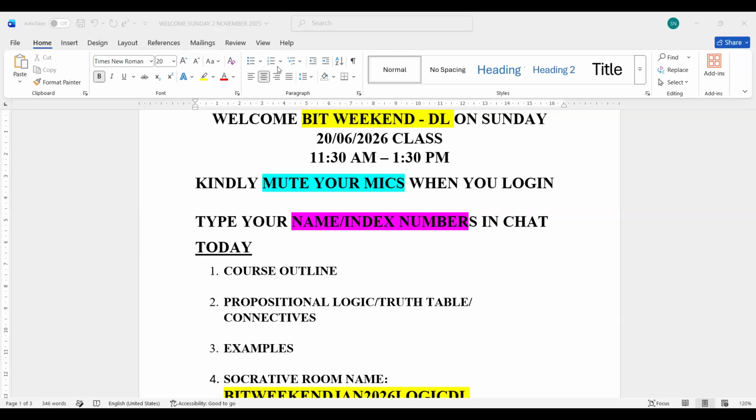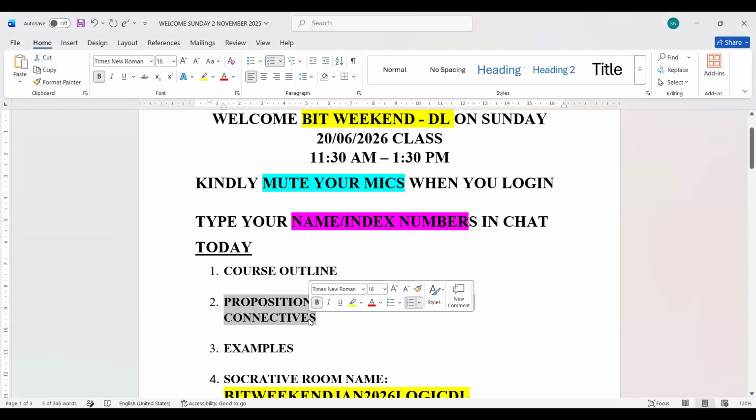It is quite involving, so I'm breaking it into 2 weeks. We'll do the laws today and look at the truth table and the connectives. And God willing, next week we'll look at how to use it to prove things like valid arguments, logical equivalence, and stuff like that. So that is the plan for this morning.